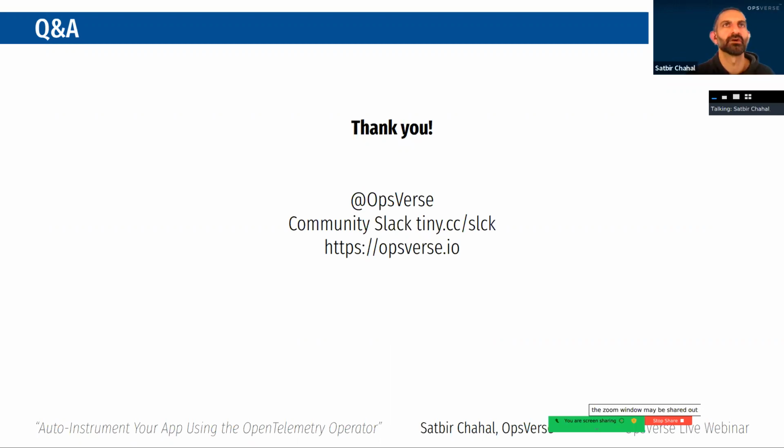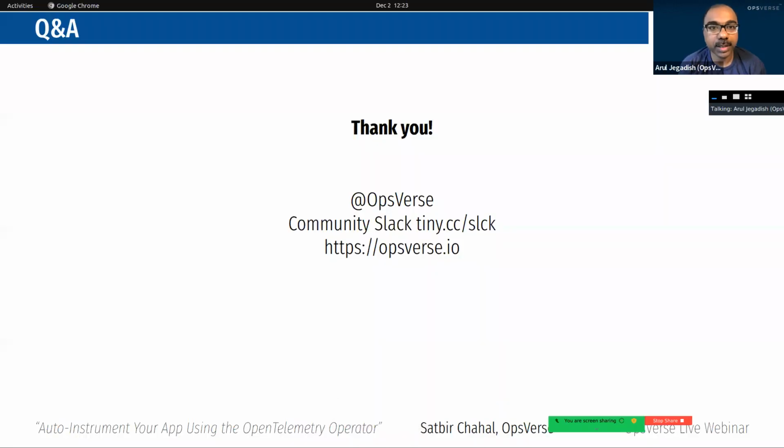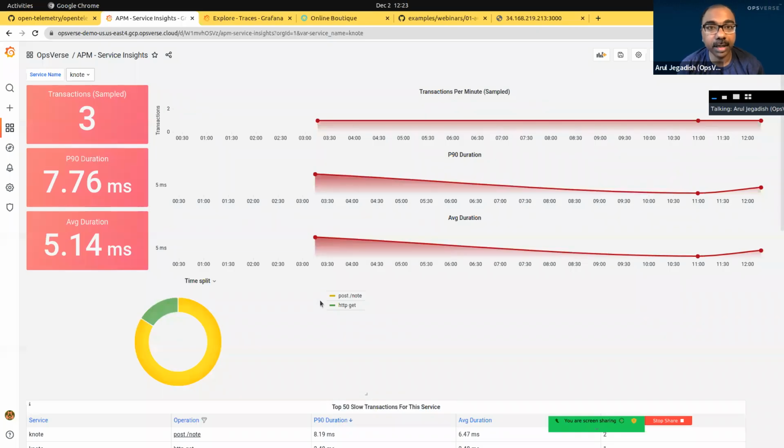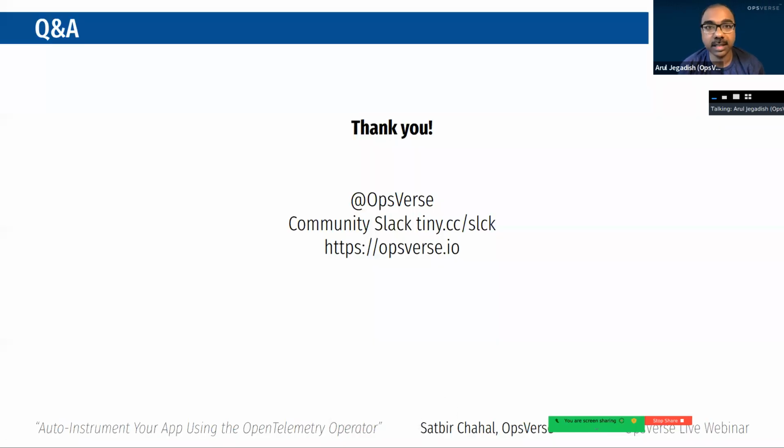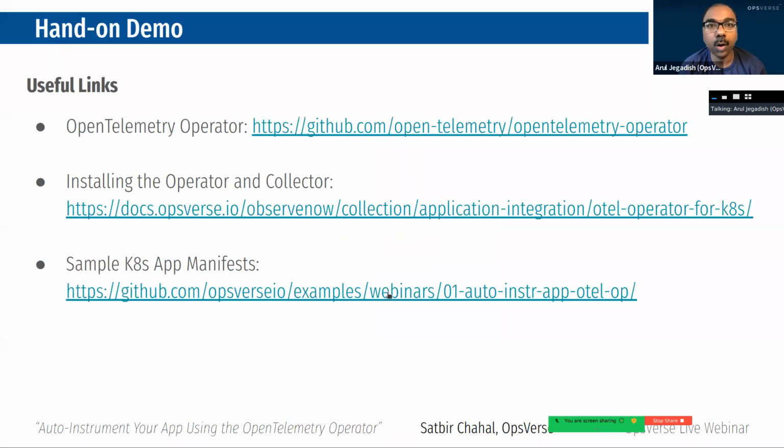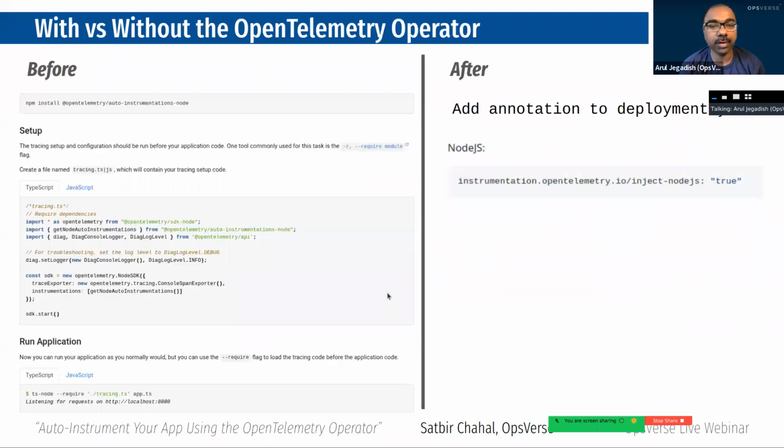Arul, did you have any high-level questions that you saw that we can touch on maybe? No, I think you have covered all the aspects. Basically, at a high level, if you have applications and you want to try OpenTelemetry traces without touching any of your code, without rebuilding your Docker files and redeploying your applications, this is a great option.